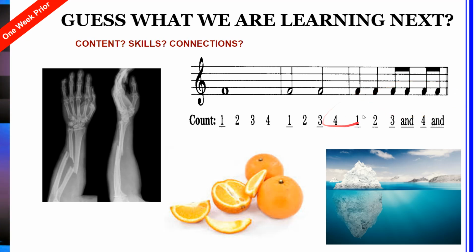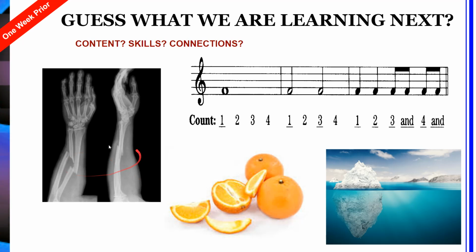Then you may have a musical scholar that can even break down these quarter notes. So this represents 1 count. So 1, 2, 3, and 4, right? And then a scholar may look at these oranges. These are whole oranges. This is a half orange. And these are like orange slices. So what do we notice?